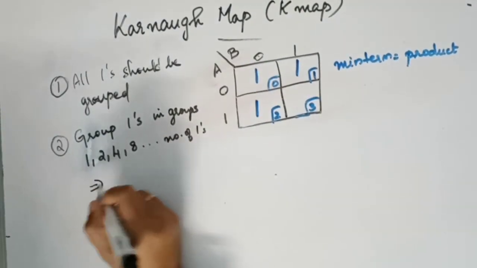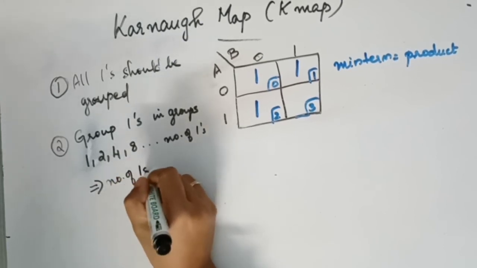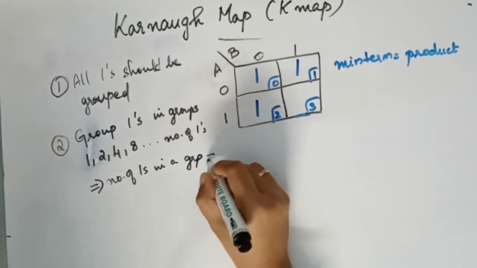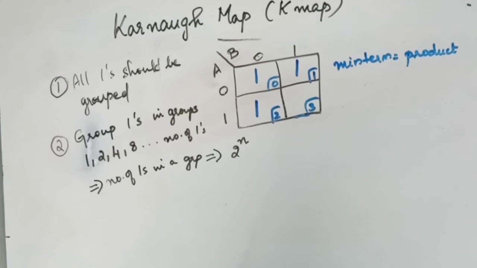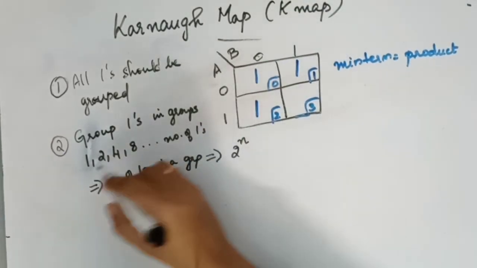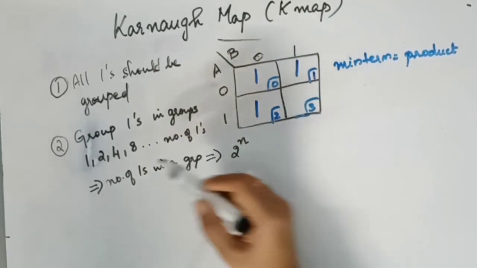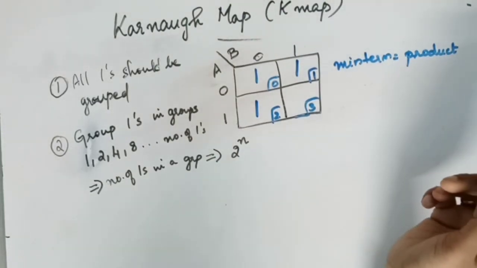In short, the number of ones in a group should be represented in the form of 2 raised to n. Okay, so 2 raised to 0 is 1, 2 raised to 1 is 2, 2 raised to 2 is 4, 2 raised to 3 is 8, 2 raised to 4 is 16, likewise.